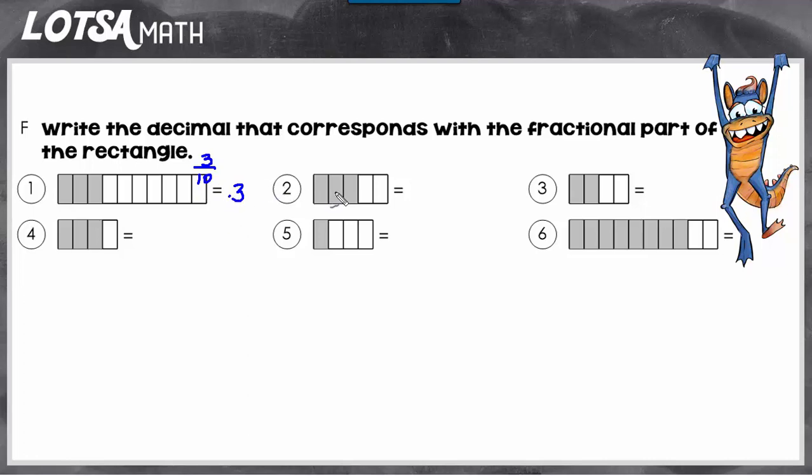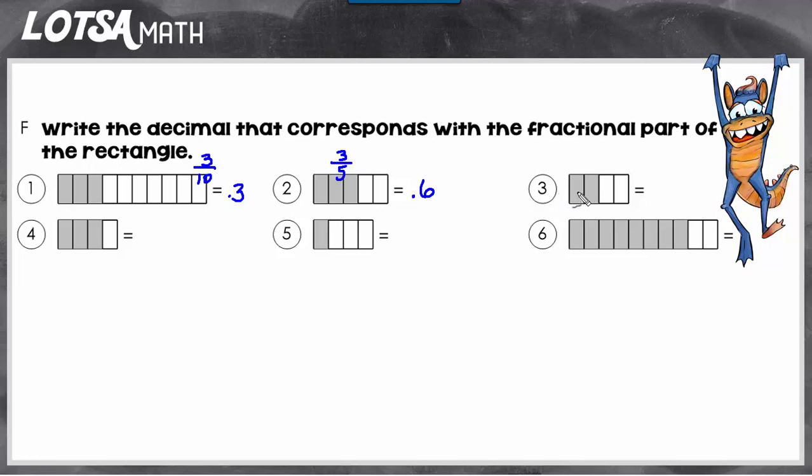On number 2, if we count the pieces, we see that we have 1, 2, 3, 4, 5. So this time, instead of 3/10, like number 1, we have 3/5. And remember, fifths have to go by 2/10. So this is 2/10, 4/10, 6/10. So number 2 would be 6/10.